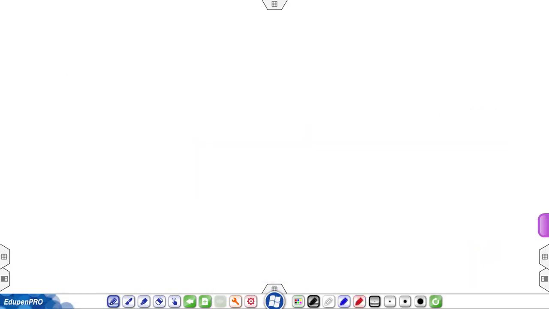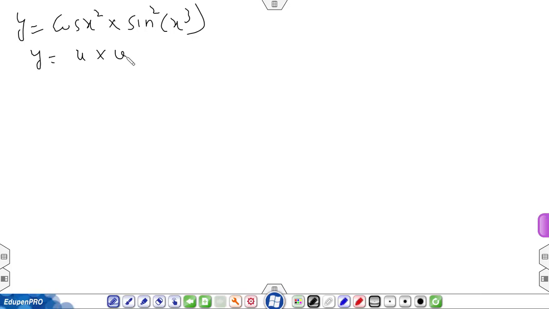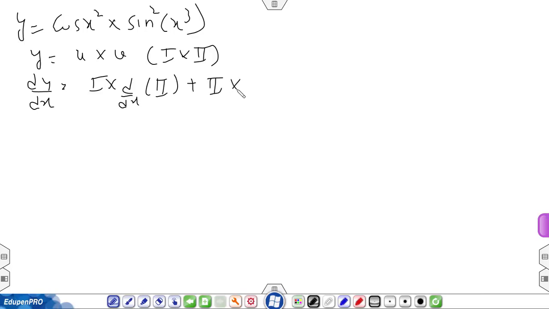Now I am going to do the fourth question. Y equals cos x square into sin square x cube. We know the product rule. If we are given the product of two functions, how to find the derivative? First function as it is into the derivative of the second, plus second as it is into the derivative of the first.